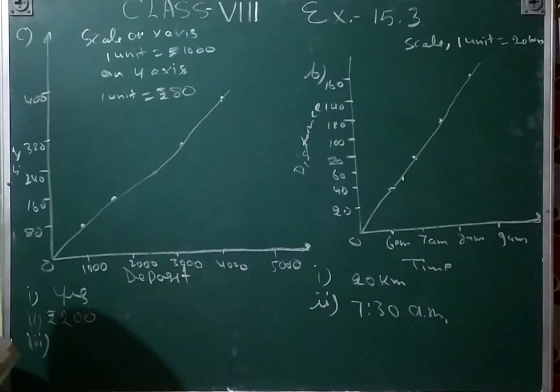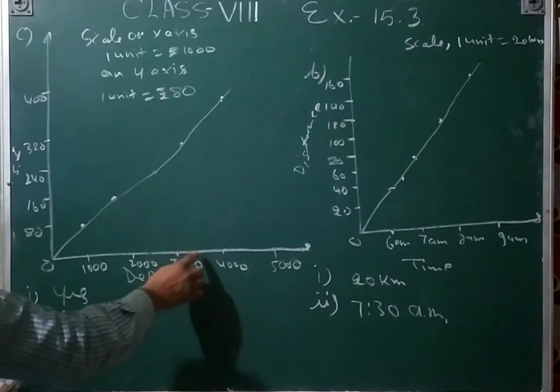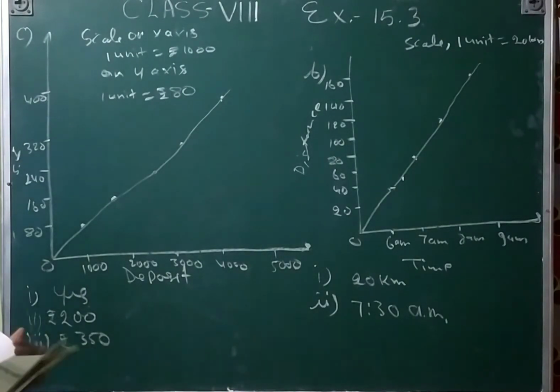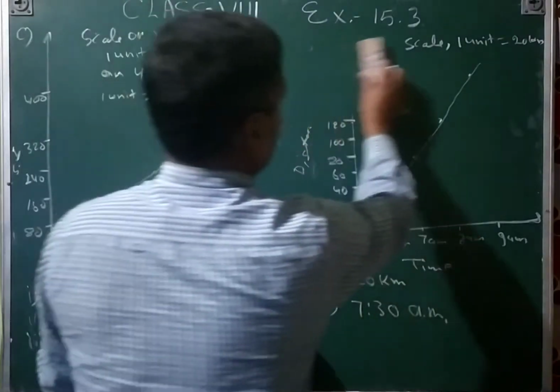To get an interest of 280 per year, how much money should be deposited? That will become 3,500 rupees.